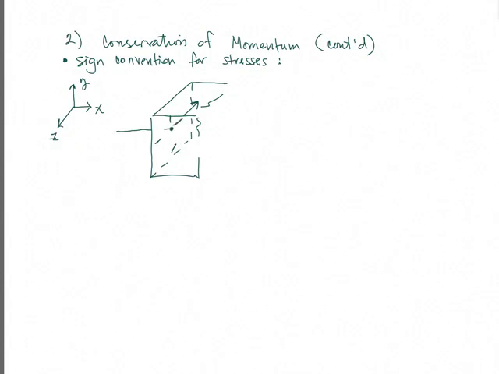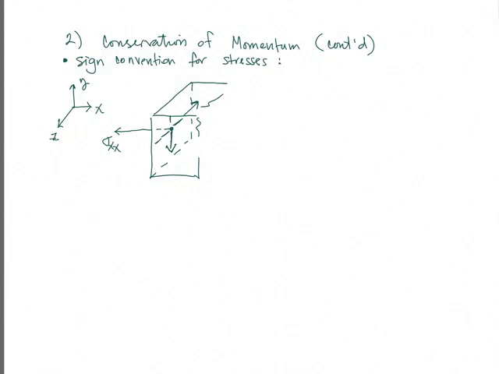And here I'm going to draw the normal stress to this face, and this is going to be sigma xx, and the tangential stress in the z direction is this one, while the tangential stress in the y direction is this one.